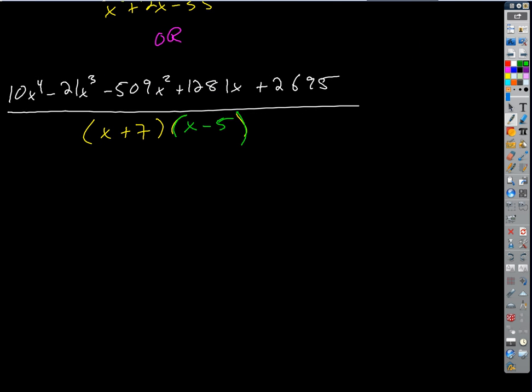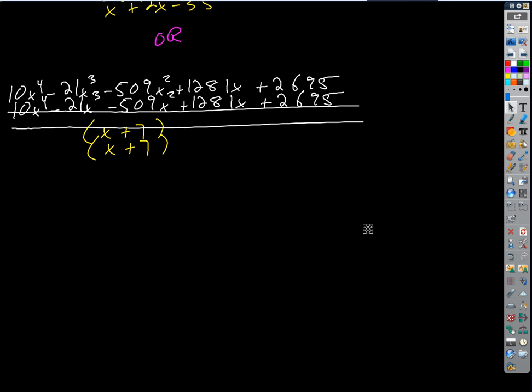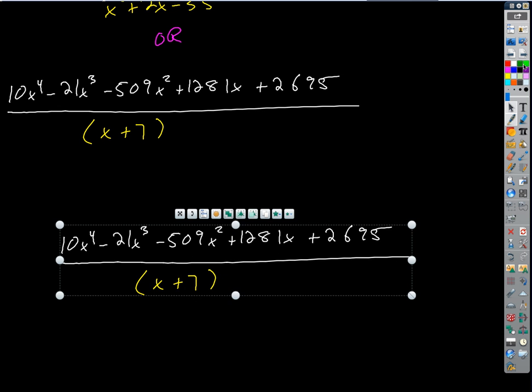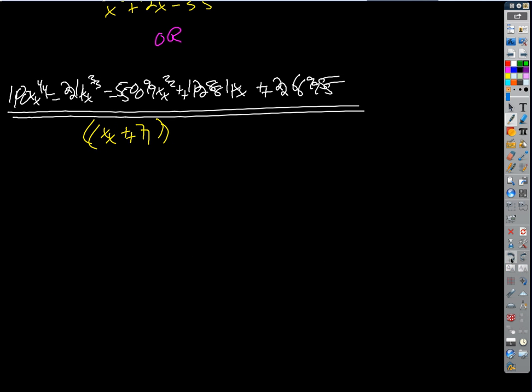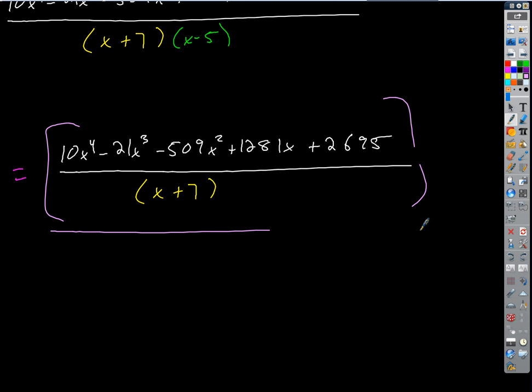So we could rewrite this as everything on top, all divided by x plus 7, all divided by x minus 5. So the moral of the story is we could divide those sequentially, right?